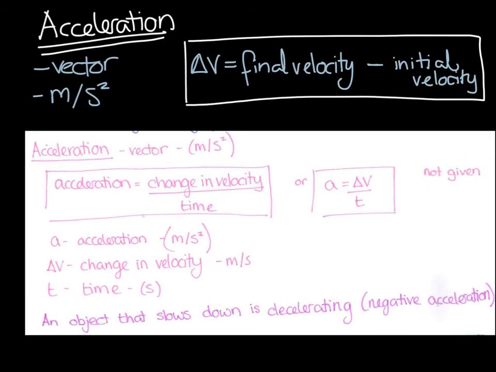You need to memorise this equation. A stands for acceleration, measured in metres per second squared. Delta V, the change in velocity, measured in metres per second. And T is the time measured in seconds. The change in velocity is the final velocity minus the initial velocity. If an object slows down, it's decelerating, so you'll get negative acceleration.